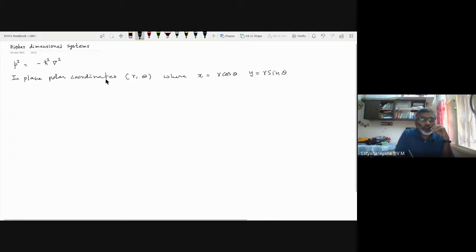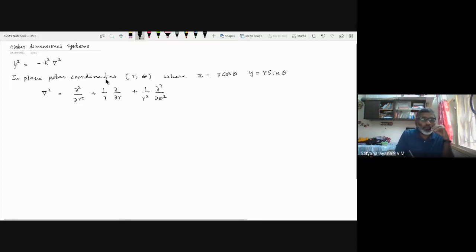So we had shown that del square in this system is written as del square by del r square plus 1 over r into del by del r plus 1 over r square into del square by del theta square.